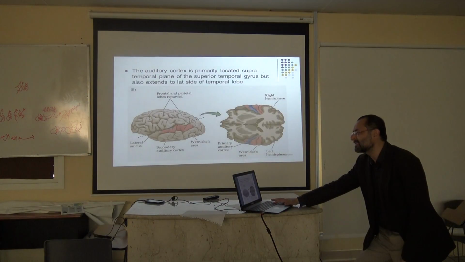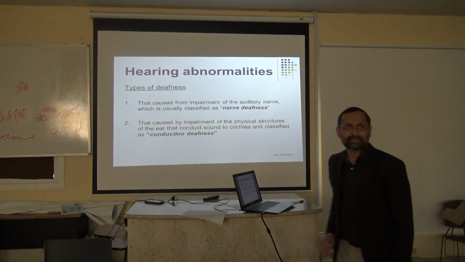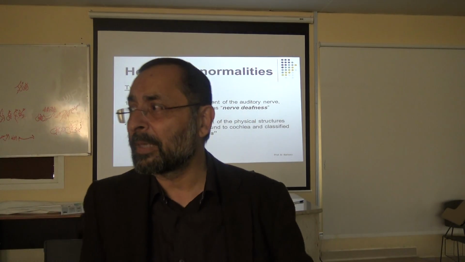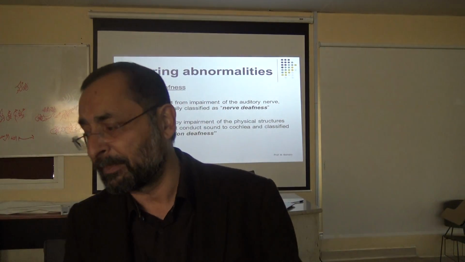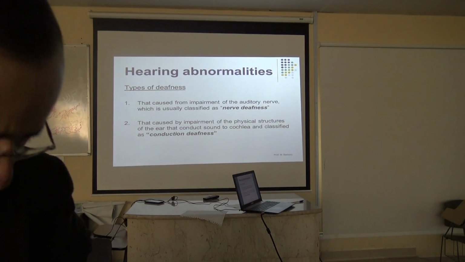These are the centers, areas of the brain which you have already done previously in the CNS also. Nothing special about it. Yes, deafness, when there is a problem in hearing or impairment of the hearing or inability to hear something, has different types. One type is known as... what type of transmission of sound do we have when it is passing? What system is it? It's passing through the outer ear, then middle ear, and then inner ear.